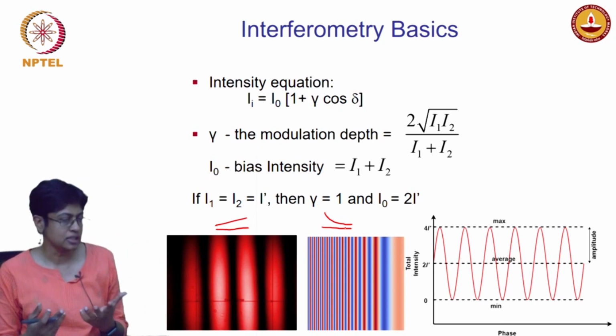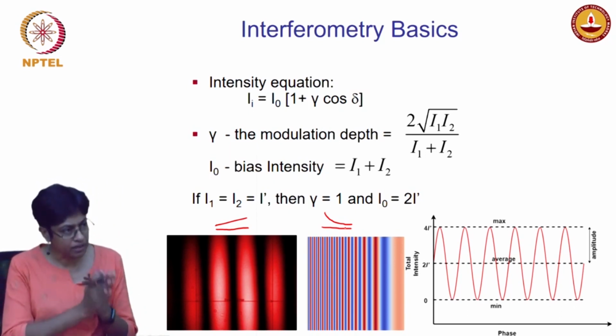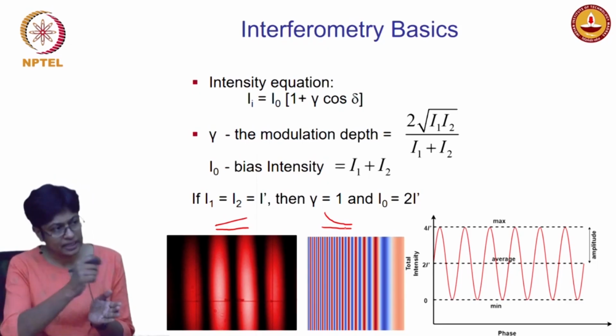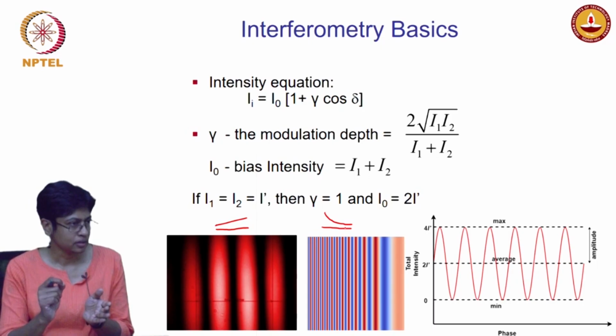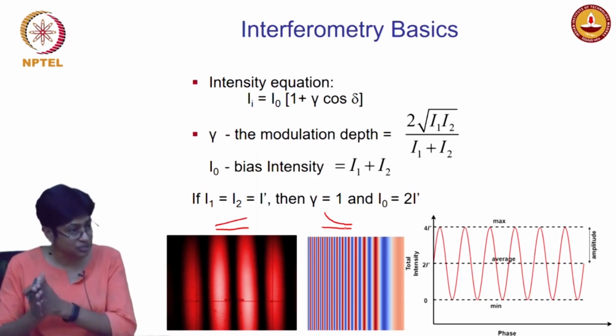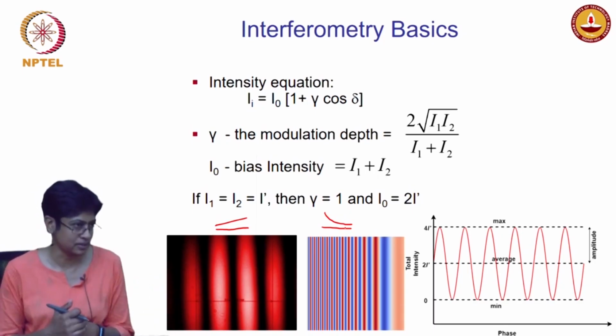And the fringes, and to be more specific, let's say wherever you have constructive interference, they indicate the path where the optical path length difference has one value, and clearly the way that optical path length difference is varying is what you can see in the fringe pattern.